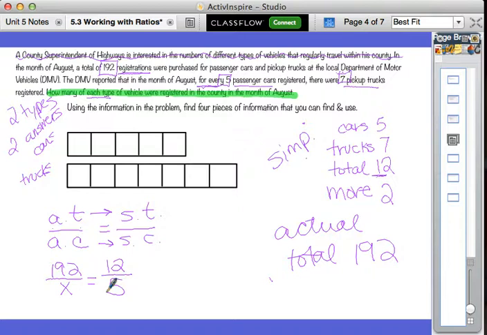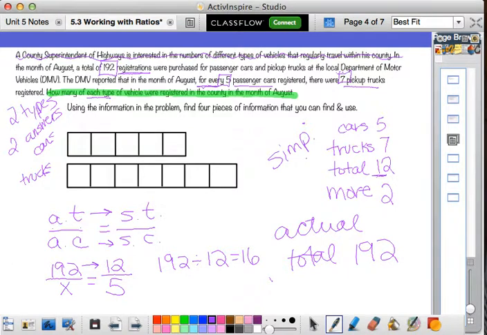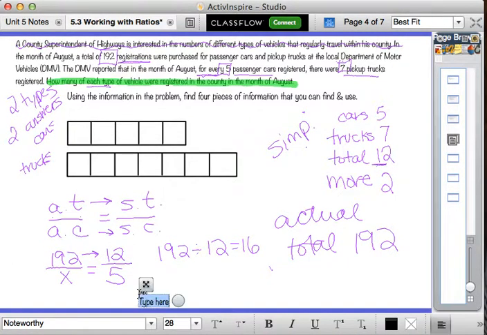Now, to figure out how I went from 192 to 12, I would do 192 divided by 12, which is exactly what we did before, and I would get 16. So again, and this is important because you are going to have to be able to do this, you have to be able to tell me every one vehicle in the ratio represents 16 actual vehicles on the highway.